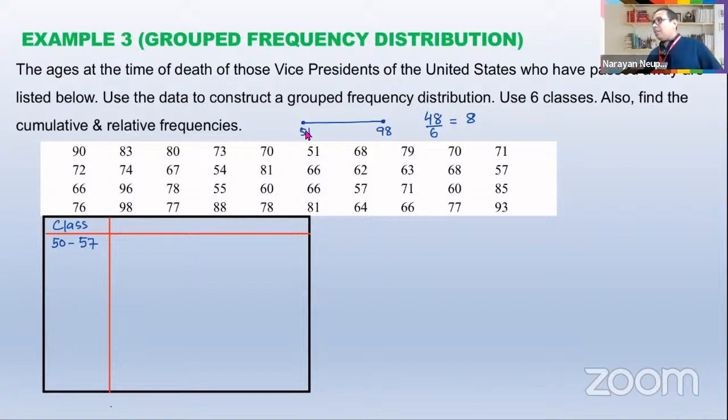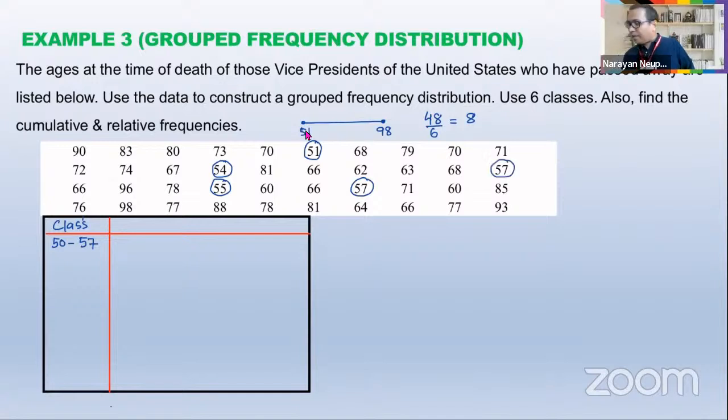This is our first group, because we are making the grouped frequency table. Now you have to count how many numbers are between 50 and 57, inclusive.